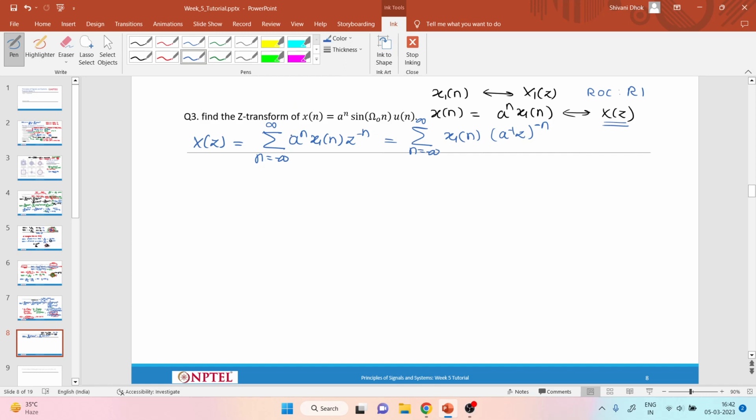I have just taken this a power n along with this z power minus n and brought this inside the sum. So if I compare this with the z transform definition of x1 of z, this is simply x1 of a inverse z, and now my ROC will be such that magnitude of a inverse z will belong to R1. Now we'll try to make use of this property which we have just derived.